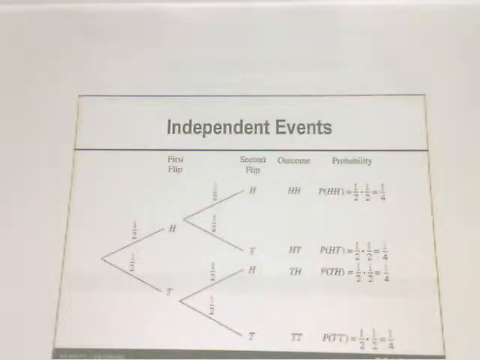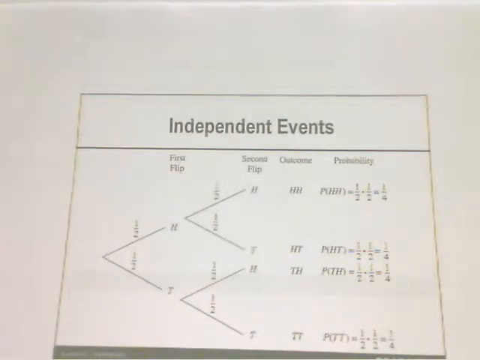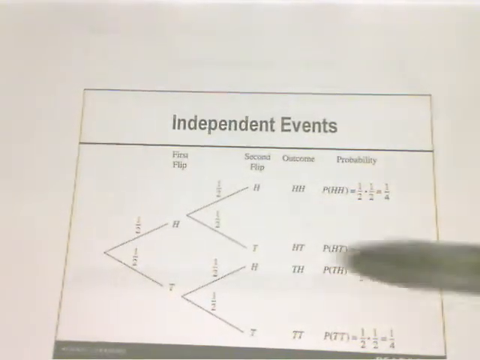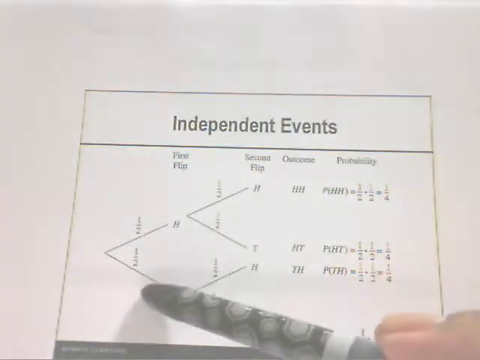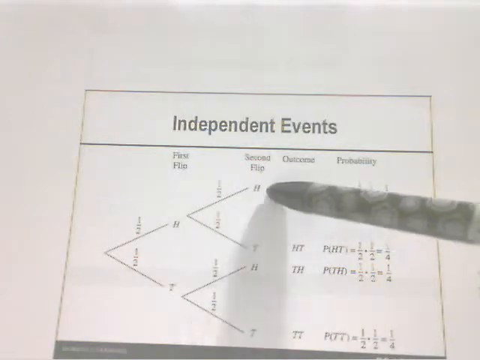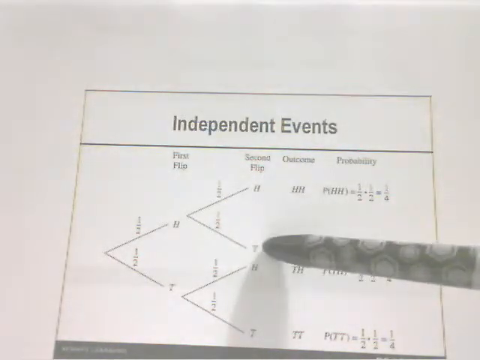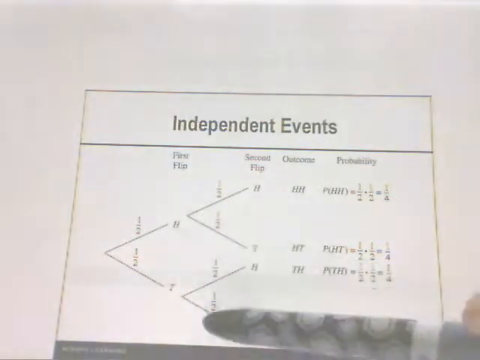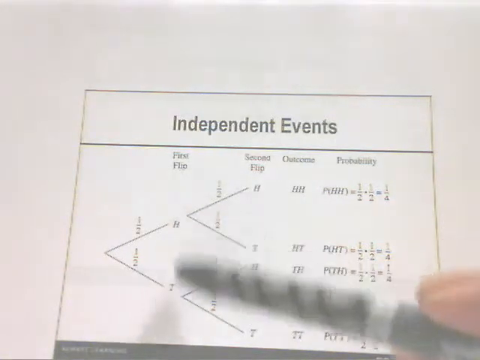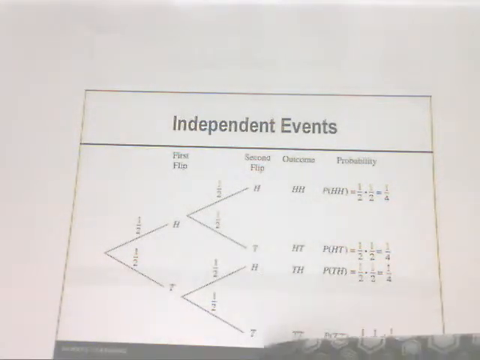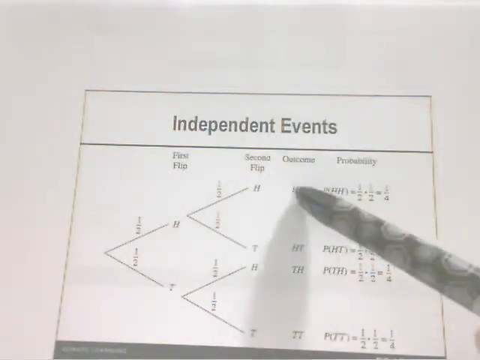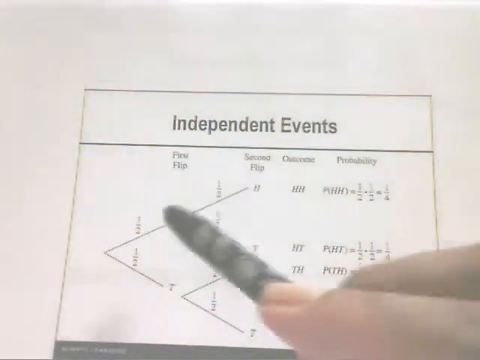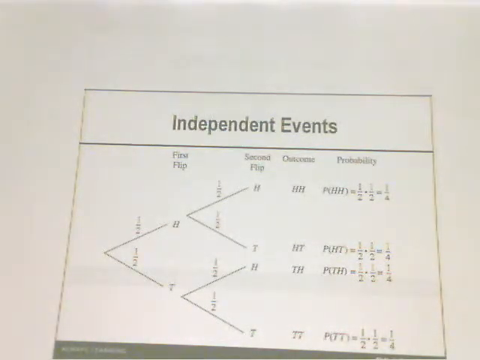And this is what a tree diagram of independent events looks like. On the first flip, you have heads or tails. Each of those probabilities is 1/2. And then on the second flip, heads or tails, if the first flip was heads. And then for tails, if the first flip was tails, then it'll be either heads or tails. Notice those probabilities on that branch are 1/2. So the probability of me getting 2 heads on this outcome will be 1/2 times 1/2, which is 1/4.